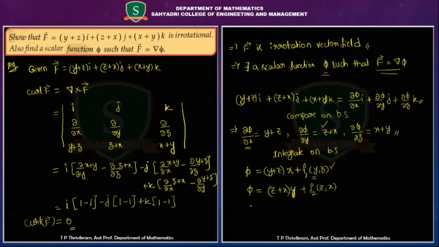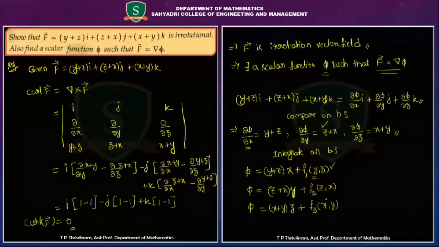Next, if you integrate the third one, phi is equal to x plus y into z plus f3 of x comma y. Except z, we have to take the other two variables as constants. So a function in x comma y is treated as constant.